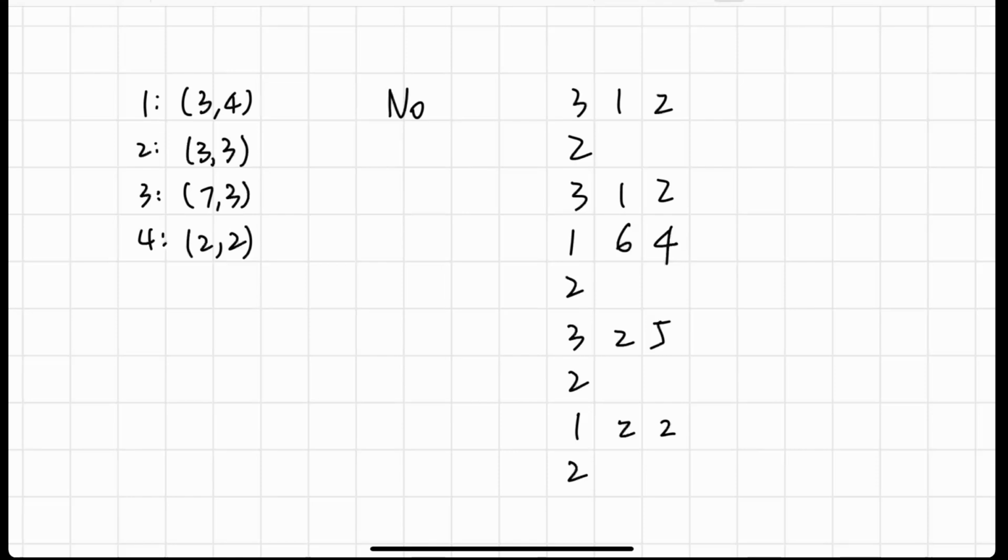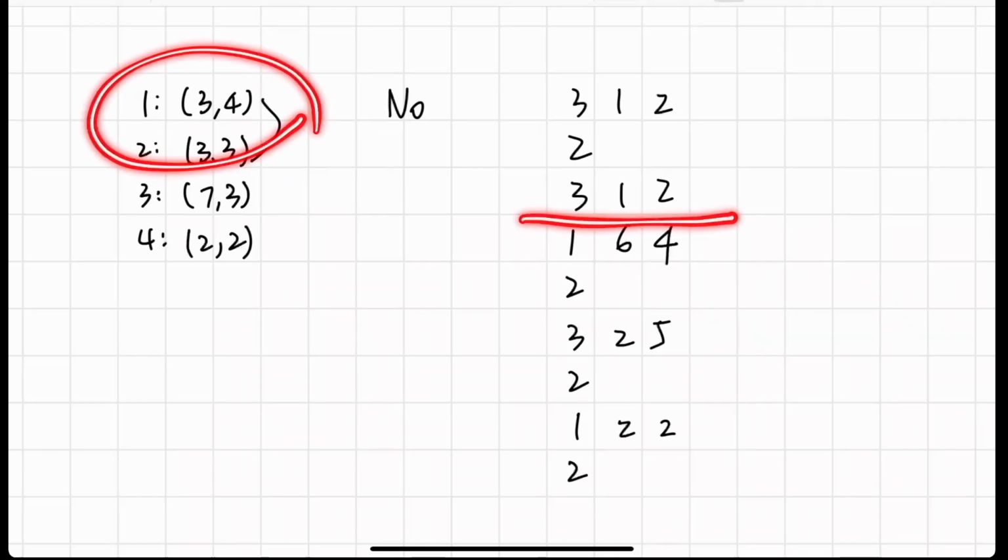Next, we have a query of type 2. For type 2, we connect the components that have the minimum distance between them. In this case, the components that have a minimum distance are vertices 1 and 2. So we connect them together. And next we have another operation, which is checking if these two vertices are in the same component.